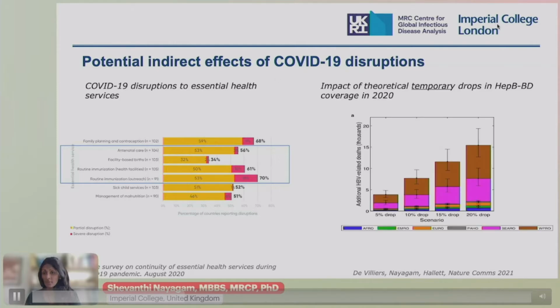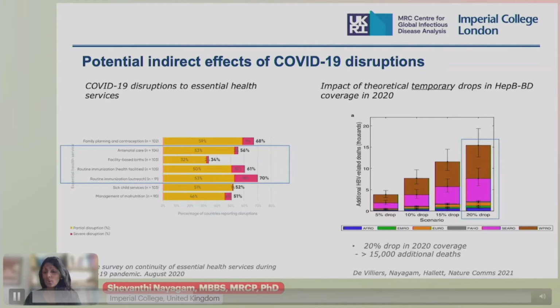As part of the modelling study, we modelled the impact of theoretical temporary drops in hepatitis B birth dose coverage in 2020. And as you can see from these different panels, we modelled a 5% drop, 10% drop, 15% and 20% in each of the world regions.